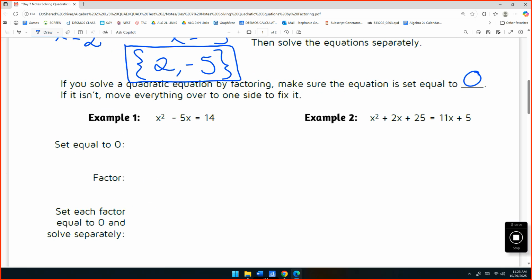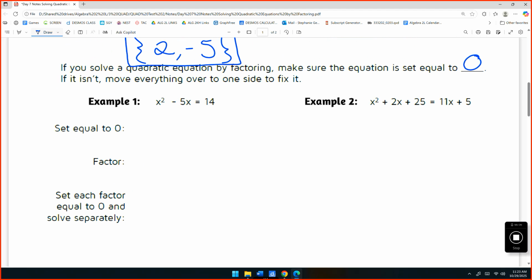So let's look at example 1. Okay, I don't see equals 0, do you? No, but we can make it, right? All we got to do is minus 14. So let's see what we got.